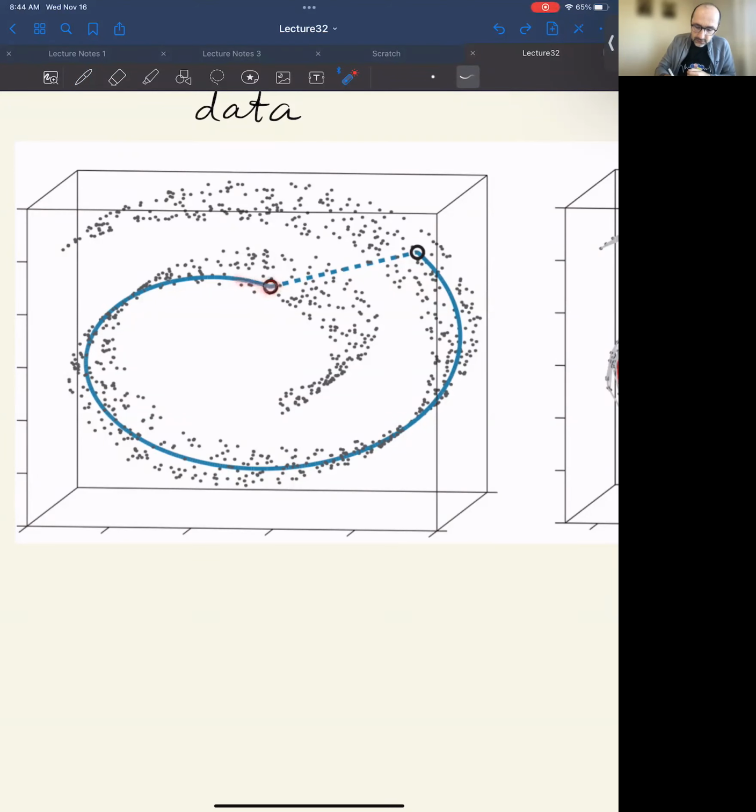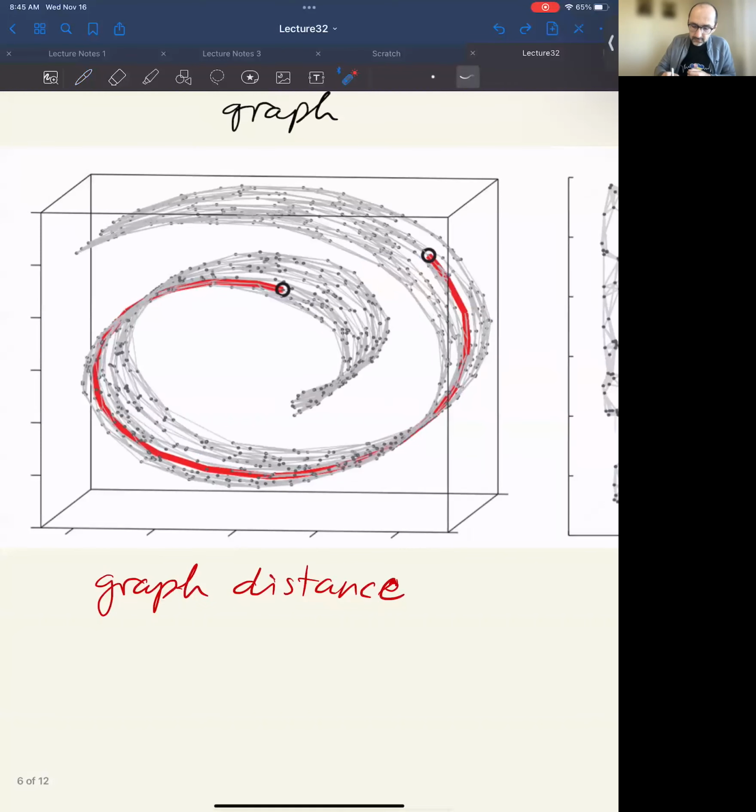So for example, for these 2 points, the usual Euclidean distance is a straight line, but that's not what we want. The better notion of distance is the graph distance, which will be the length of this curve. That's because the graph is disconnected here. There is no connection. So it goes through the length of the shortest path, which is this. And that's a natural distance for that Swiss roll. So the graph distance is more natural. And after you apply it, of course, it just unrolls this.